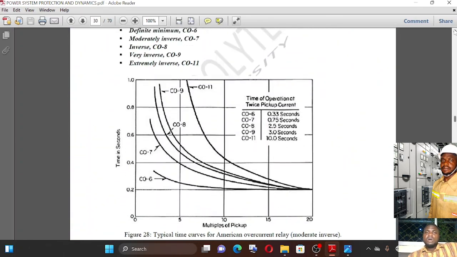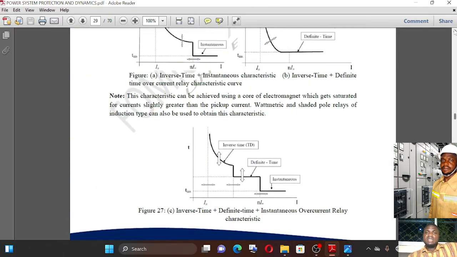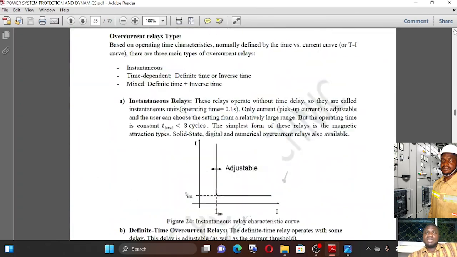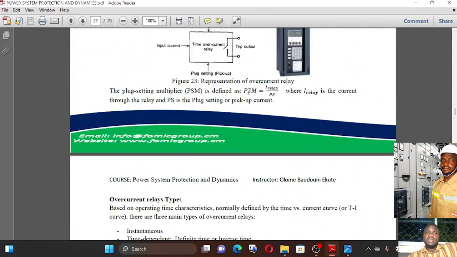Okay, it's essential to note that the plug setting multiplier was also stated up here. The plug setting multiplier is the current fed by the current transformer to the input of the relay, that is I relay, divided by the plug setting of the relay. For example, a relay might be given with a plug setting of 5.